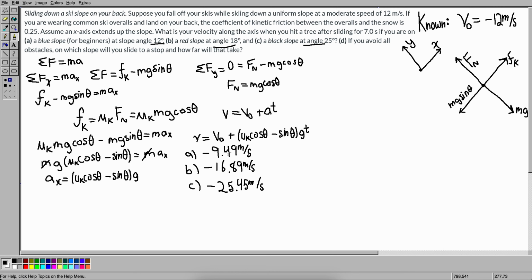A is the only slope where our speed decreases, because our initial velocity is negative 12 meters per second, and our final velocity is negative 9.49 meters per second. Both B and C increase. So we know that it will be the blue slope.